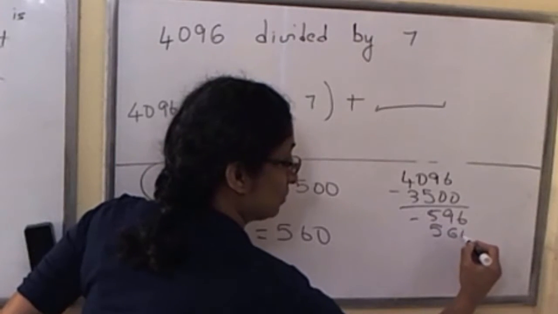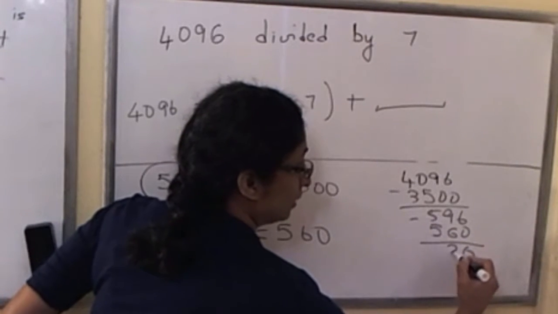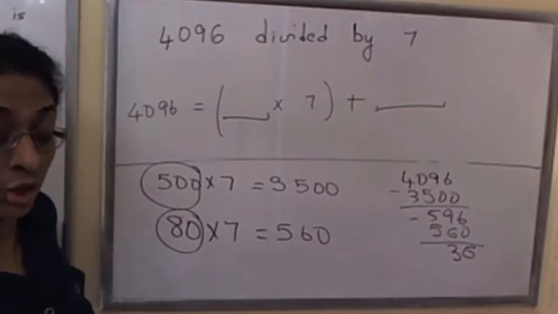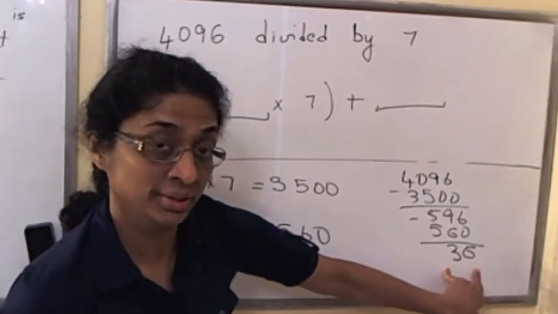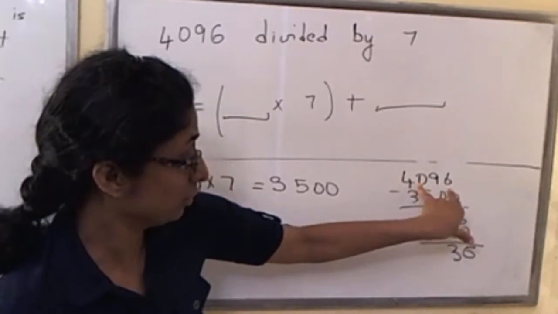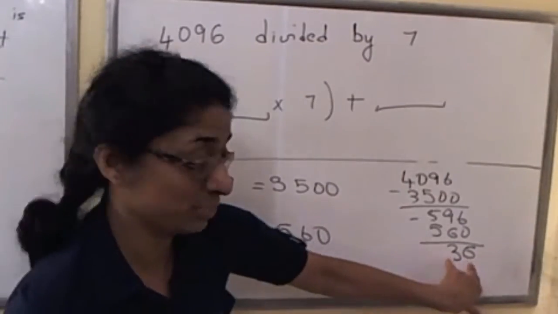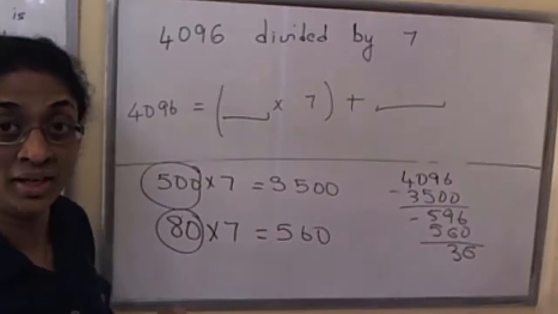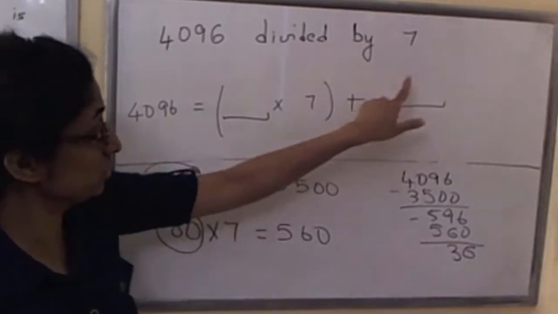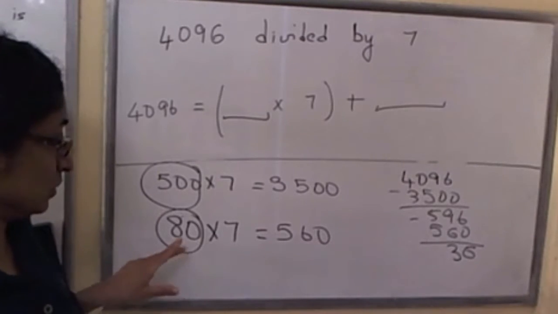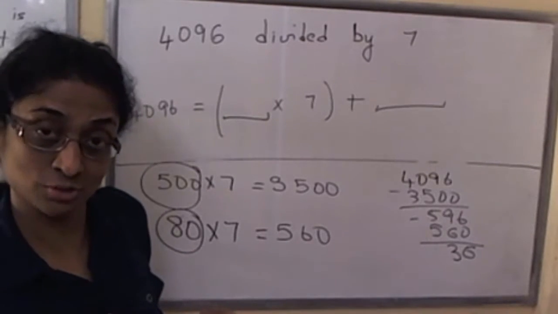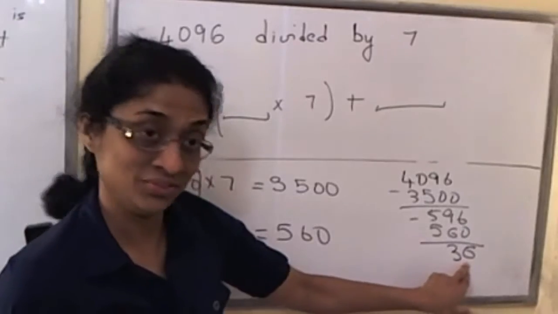So we do another subtraction. So we get 36. So now we have 36 numbers. We have not yet gone up to 4096. We are 36 numbers less than 4096. And remember, we are trying to count the multiples of 7 in 4096. So now let's look at single digit multiples of 7 in 36.